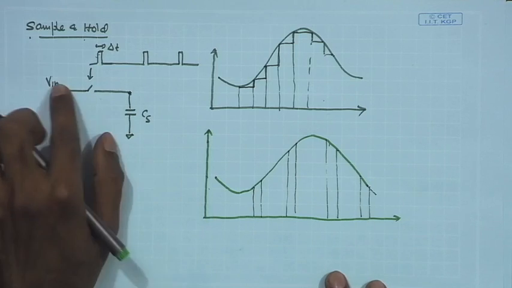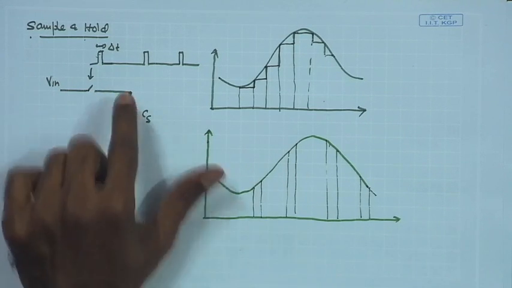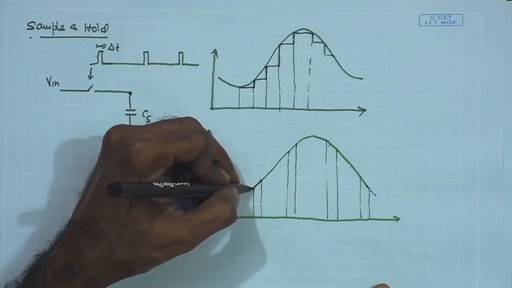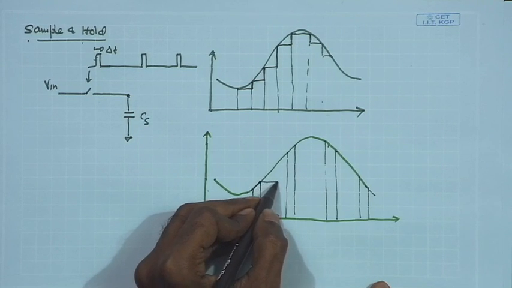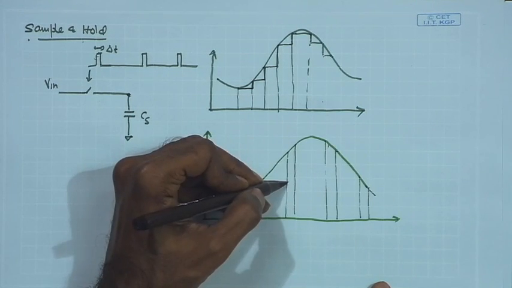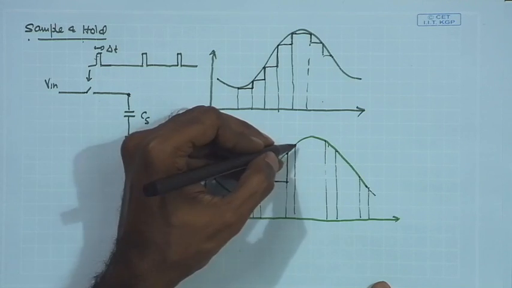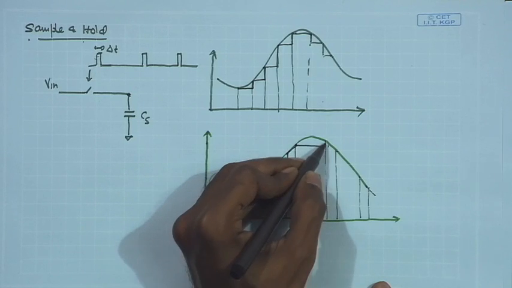and therefore, when the switch is on during that duration, the voltage at Cs will be a faithful replica of the V in ideally, and when the switch gets off, it will stay constant. Again, when the switch gets on, it will again try to track the input signal, and once the switch gets off, again it will stay constant.